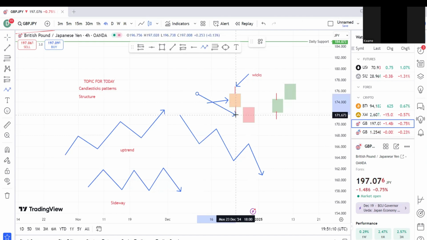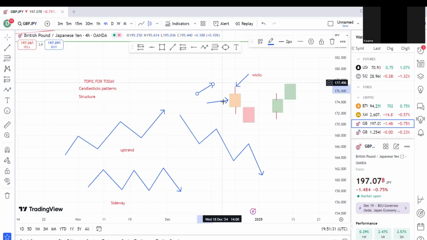Before the hour is up, maybe in 50 minutes' time, it came here, then it closed at the 60 minutes' time. So the wick shows that price has been here before, but it didn't stay there. It went back to another place before closing. That's it for the wicks.